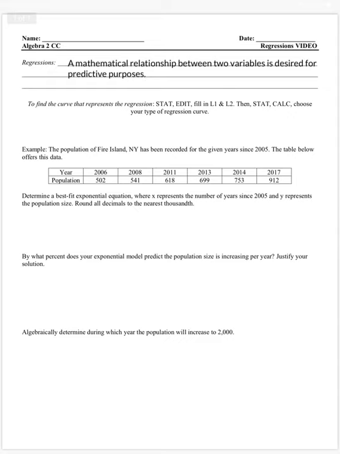Okay? That essentially means that in order for you to make a statement that's trying to predict what's going to happen, you have to have two variables that are influencing one another.